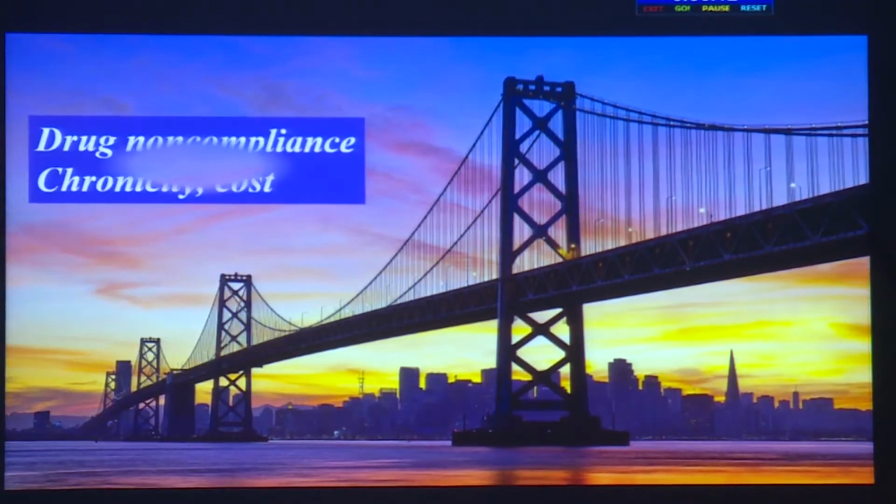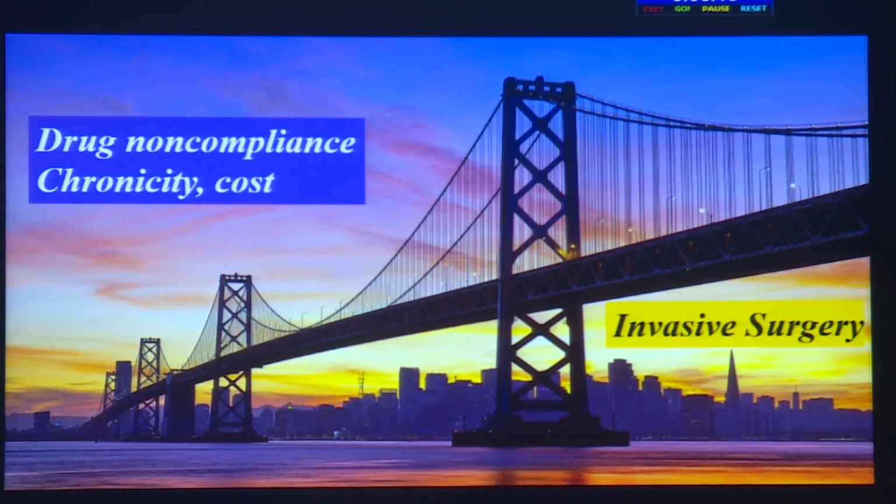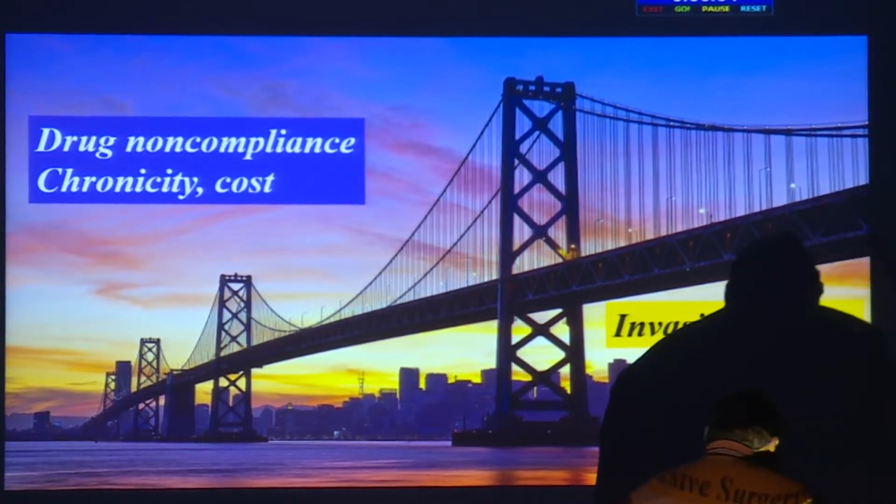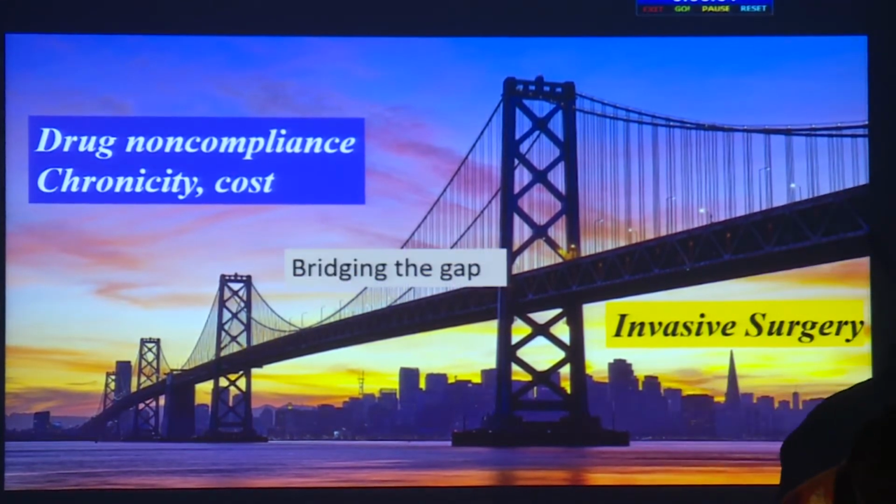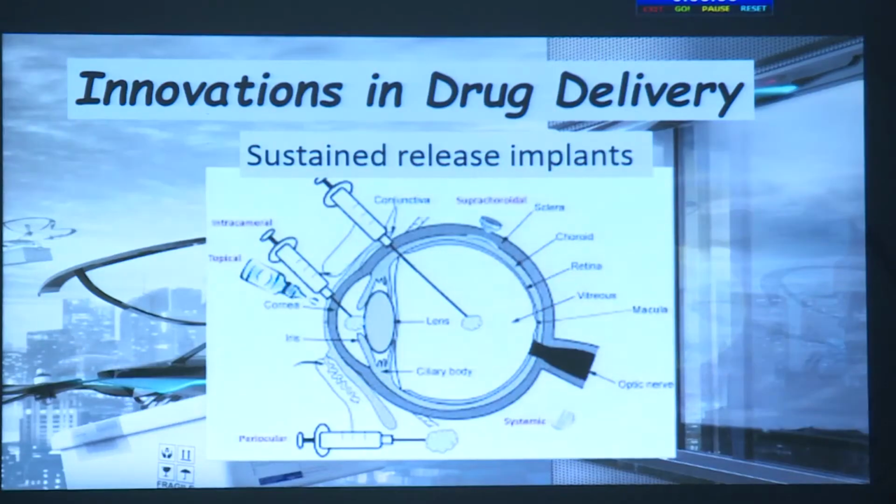So whatever is said and done, the need for prolonged treatment, or the chronicity of this disease burden with its cost, entails us to search for alternative modalities of treatment, and we have to bridge the gap between drug non-compliance and invasive surgery.